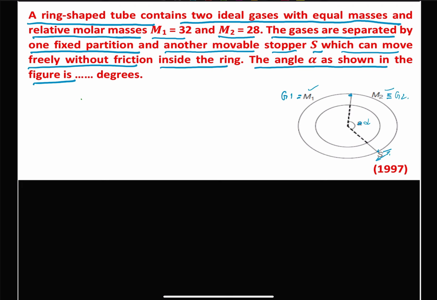So let us start with gas 1, and its molar mass is given as M1, which is 32, and it is also mentioned that both the gases are of equal masses.